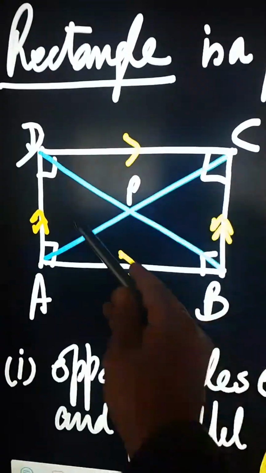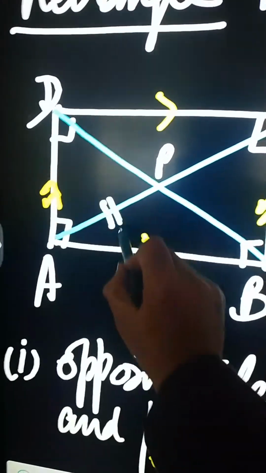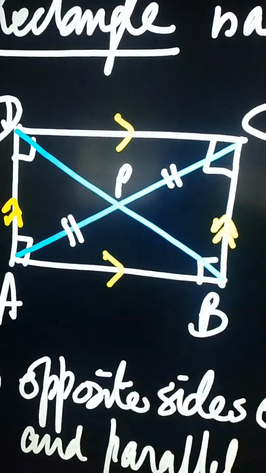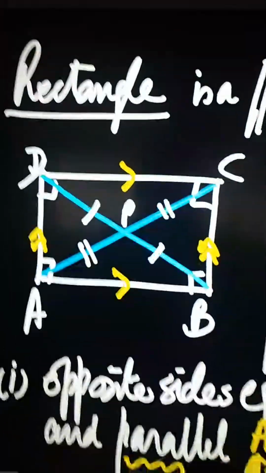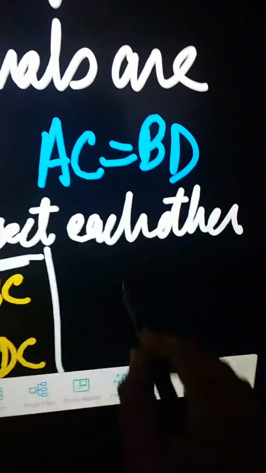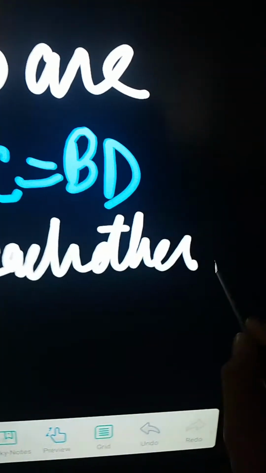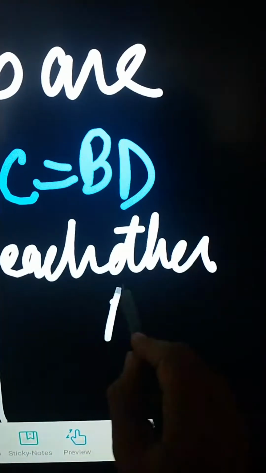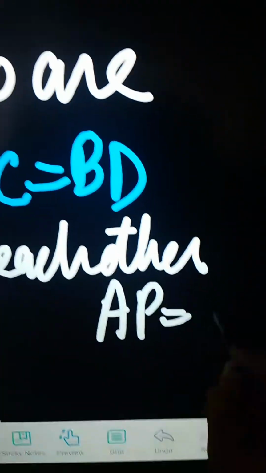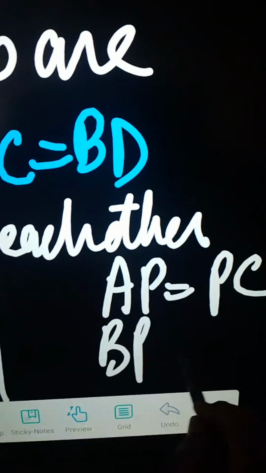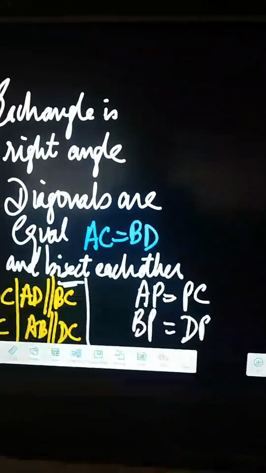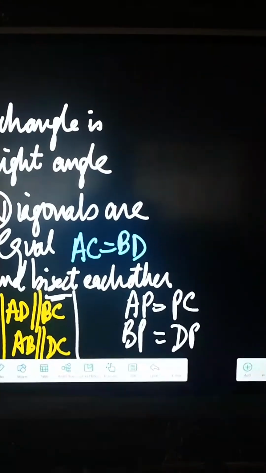This part is equal to this part and this part is equal to this part. So bisect each other into two equal parts means AP is equal to PC and BP is equal to DP. This is the property of a rectangle.